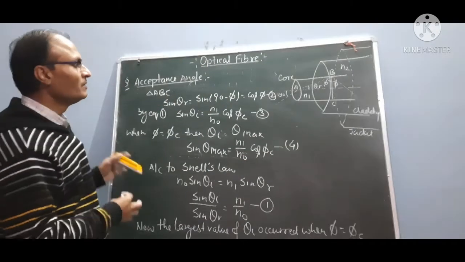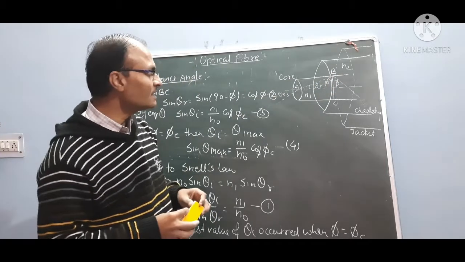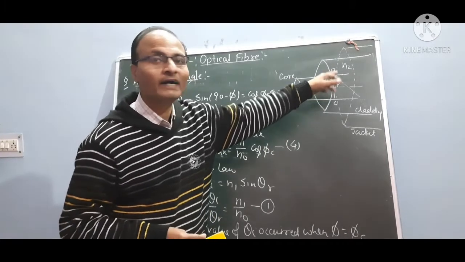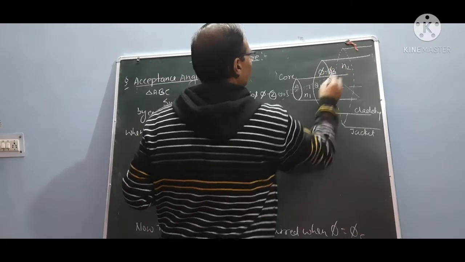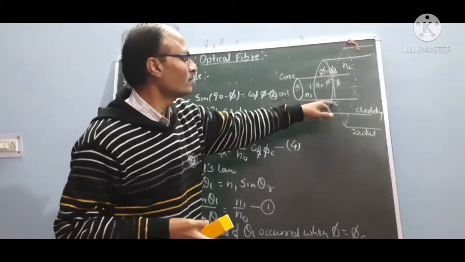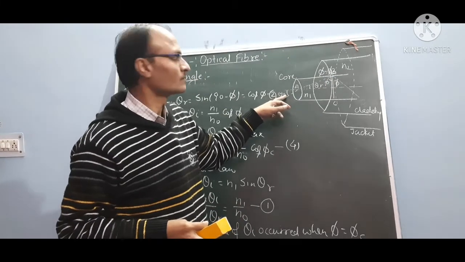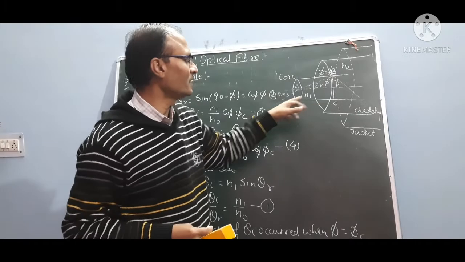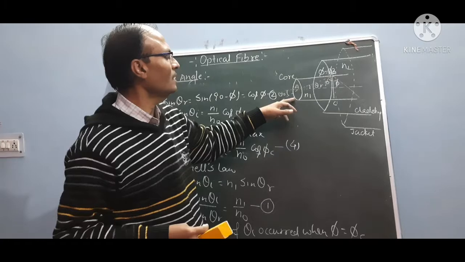Now we move to point B. At point B, sin phi equals sin phi C, phi equals phi C. Sin phi C is perpendicular upon hypotenuse. So perpendicular is AC and hypotenuse is AB.